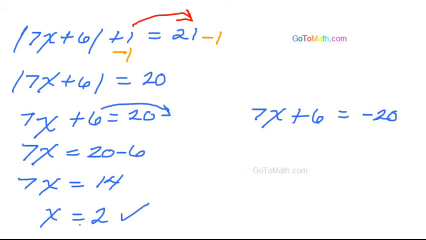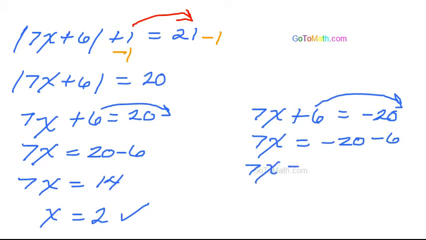So that happens to be one of our solutions. Now the other one over here, we're going to take this 6 over to this side, so we end up having 7x is equal to -20 minus 6, so we have 7x is equal to -26, and therefore x is equal to -26 over 7.